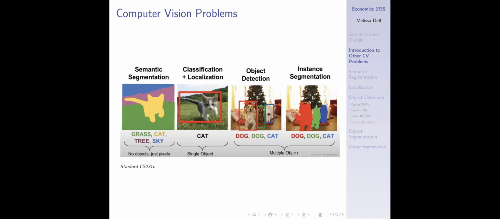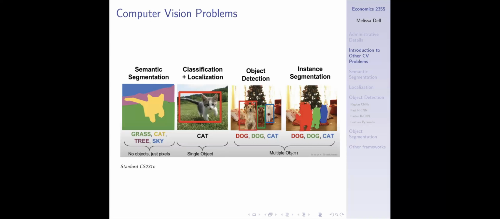They're just all dog pixels. There is no sense of separate instances, we say, separate objects. This is something like Zoom backgrounds, which is doing segmentation. And again, I think that this may come up in some economics applications. It's probably not as common as object detection, but it uses methods that become relevant to object detection. So we need to understand this too.